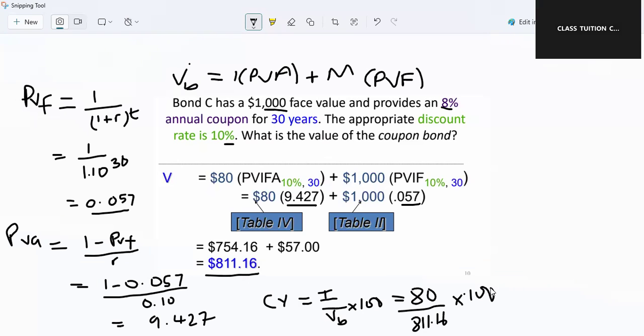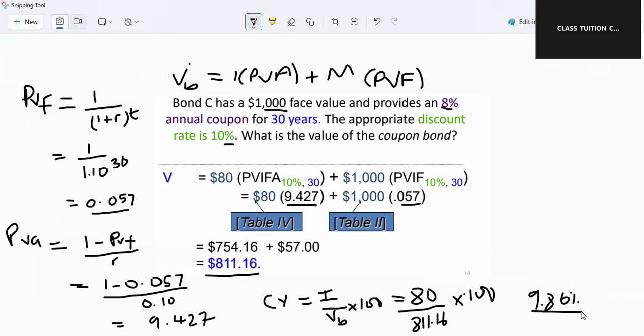What is 80 divided by 811.16? This gives you 9.86%. So this is what we call the current yield.